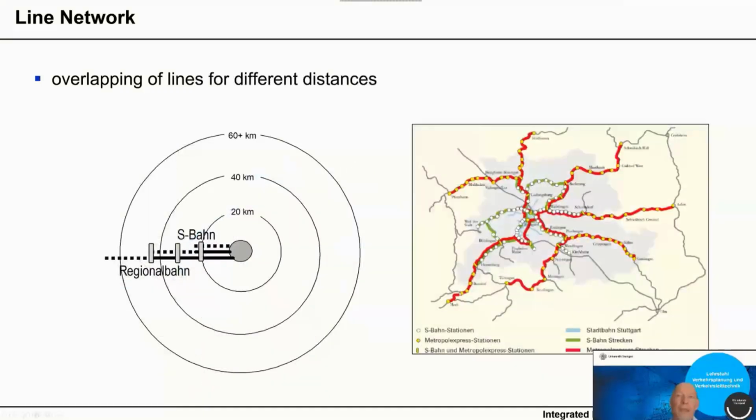Another typical solution which we have in metropolitan areas is that we work with different types of systems. A city may have a diameter of 10 kilometers, but we have suburbs and a big city like Munich, Stuttgart, and other places in the world, they serve an entire area and people commute to the city.